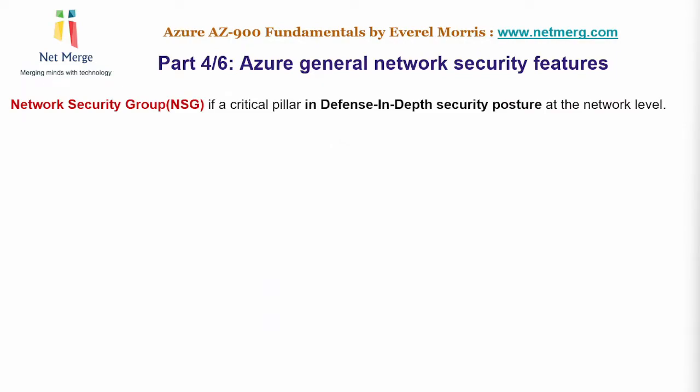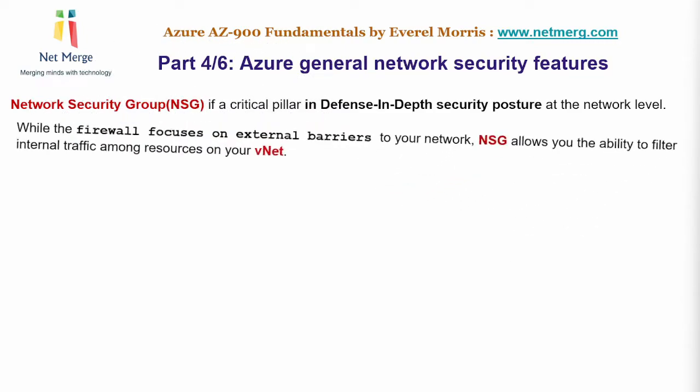Now we're going to be talking about network security group. So we're moving down the security posture ladder. The network security group is like an internal firewall behind your public firewall. It's a critical pillar in the defense in depth security at the network level.